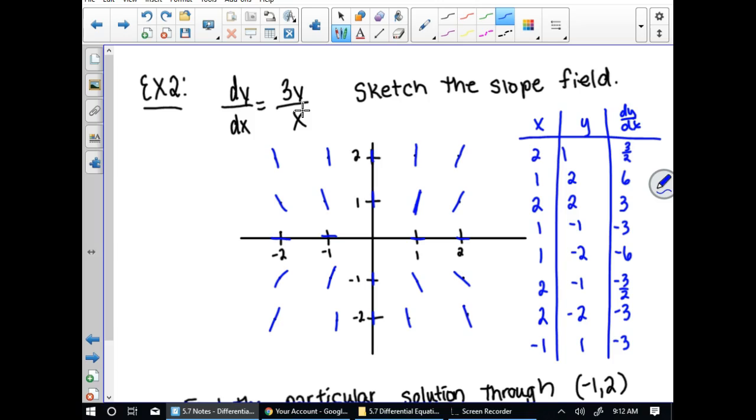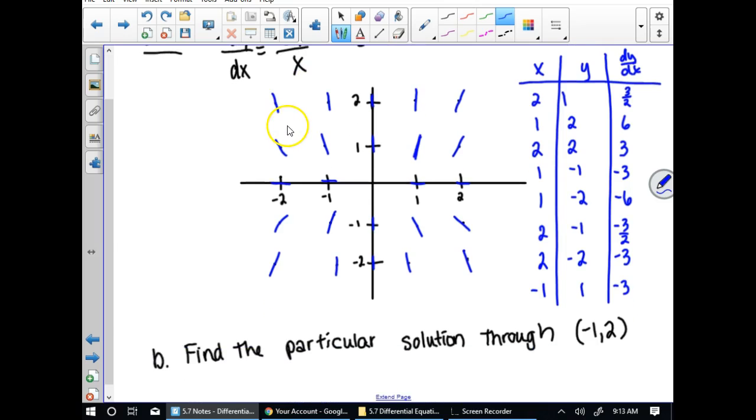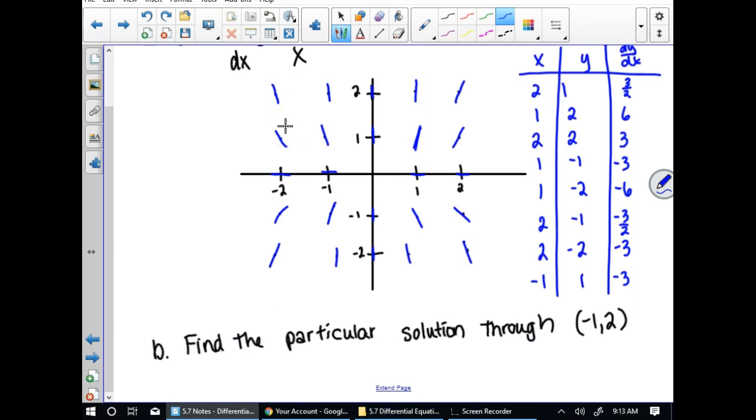Now, I think it's kind of hard to see what that looks like here. We now need to find the particular solution through -1, 2.